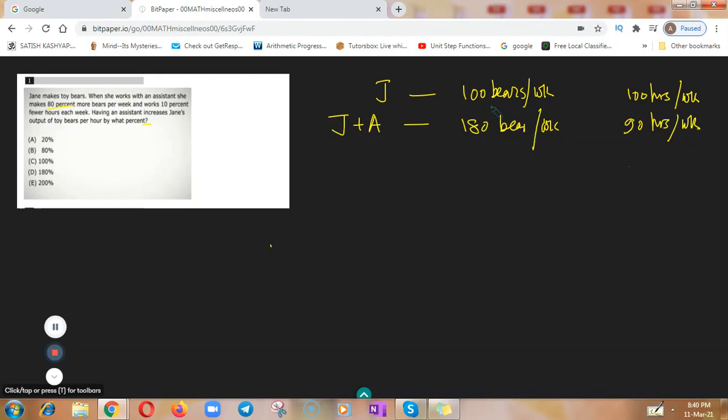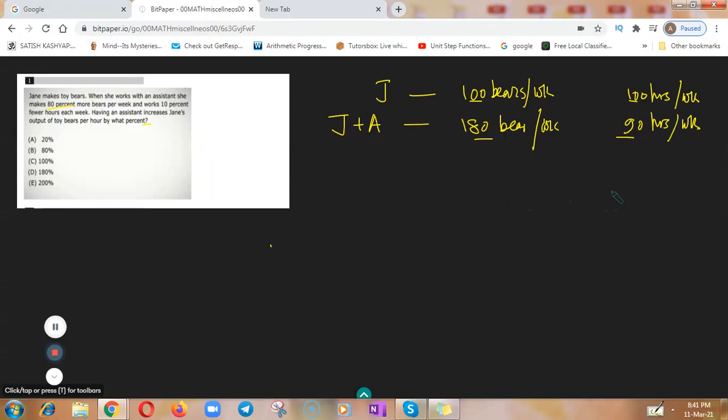And now if you look at these figures, 100 and 180, 90, they are in direct proportion. So our next question is, by what percent does her output efficiency increase? So how to find that?